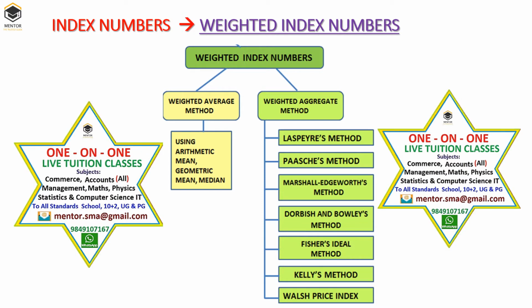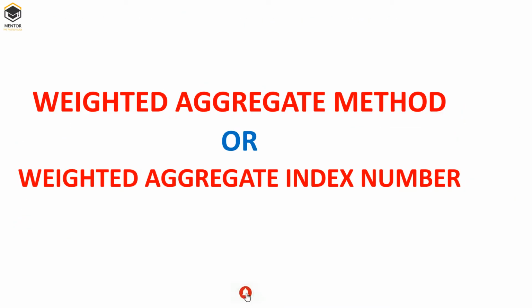So I have the 7 different methods under weighted aggregate. The first is Laspeyres, next Paasche, next Edgeworth, next Bowley, Fisher, Kelly and Walsh method. All these methods I will be discussing in this video tutorial.